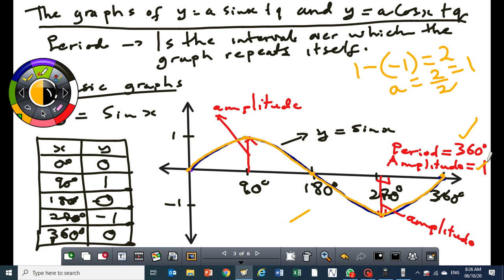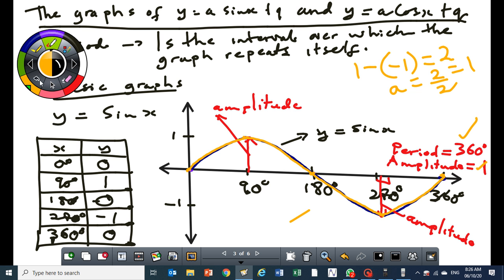I've shown you how to get the amplitude from a given graph. You can also get the amplitude from the equation. The coefficient of sine x, if it's positive, that's the amplitude. If it's negative, then you take the positive of that coefficient.